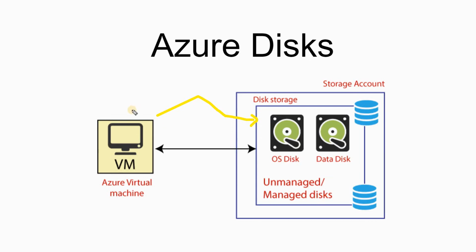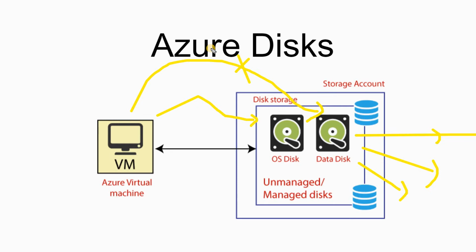So I can link this data disk to one virtual machine, and after storing the data, I can choose to detach the disk and attach the same disk to another virtual machine, or I can create multiple disks from this disk and attach them to other virtual machines. We have other concepts like shared disks, but we are not addressing those at this point of time.